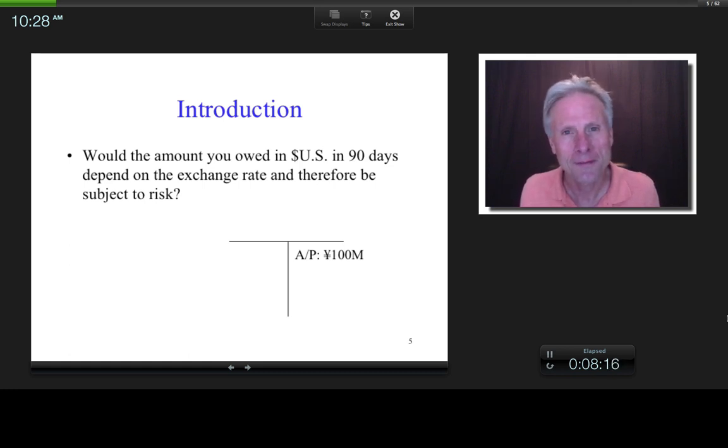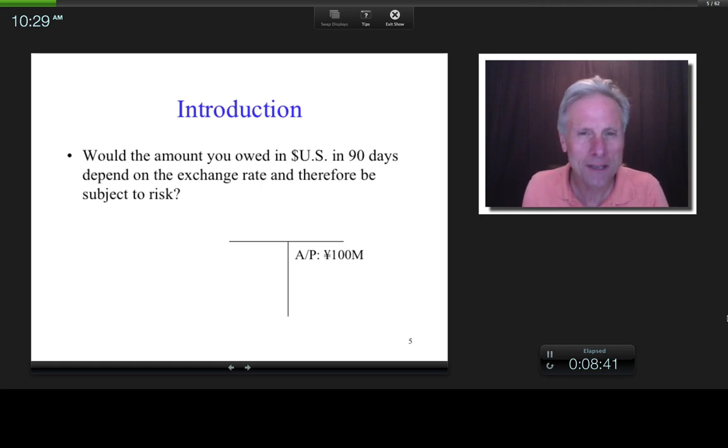It would, right? And so, to the extent that the market has an expectation today of what the exchange rate will be in 90 days, therefore you have an expectation today of how much you'll owe in dollars in 90 days. But if you just waited and you saw what the actual exchange rate was, would you be subject to paying unexpectedly more dollars or fewer dollars?